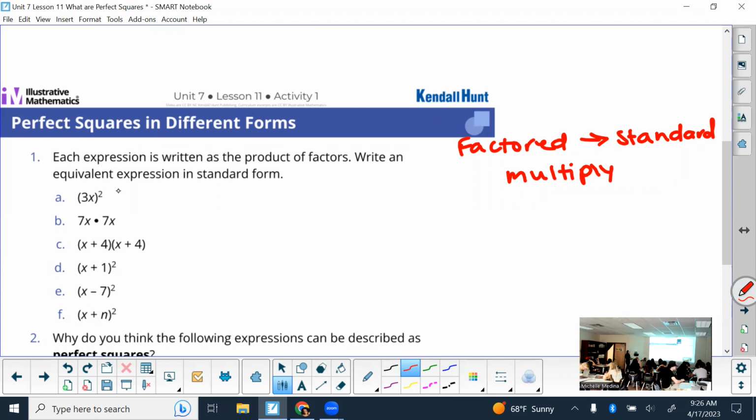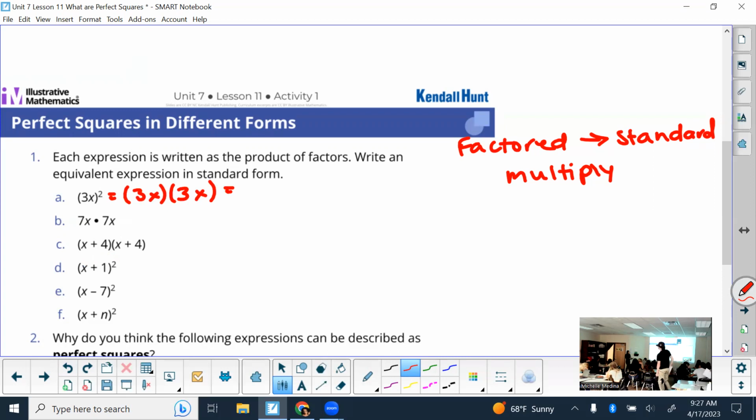So what I will remind you is that if something is squared, you can't necessarily just distribute the exponent. Maybe in the first one you could, but you have to essentially expand it first. So like A, consider writing as 3x and 3x, and then multiplying it out.